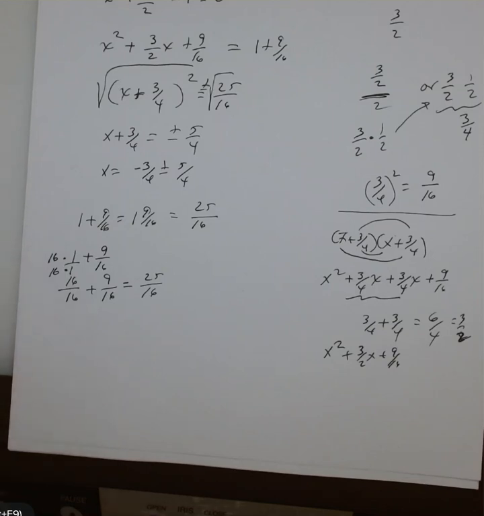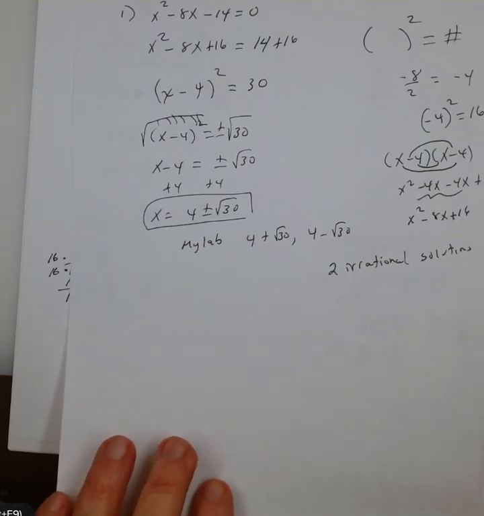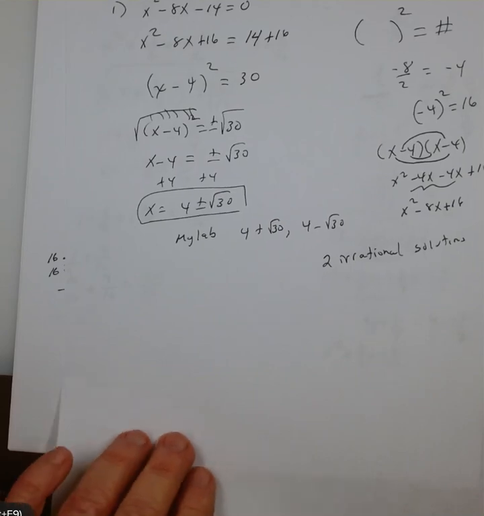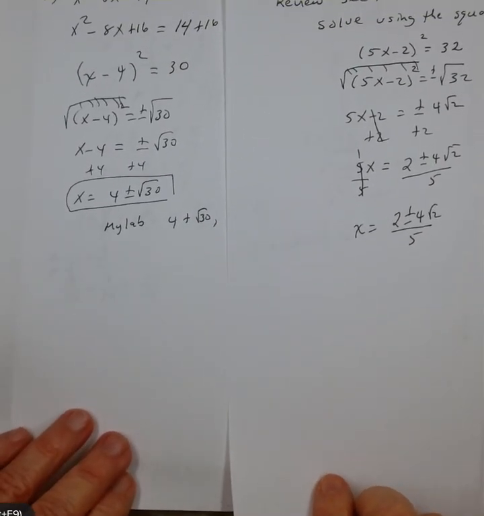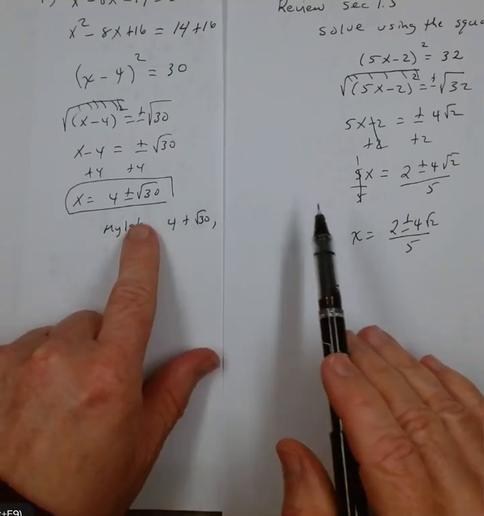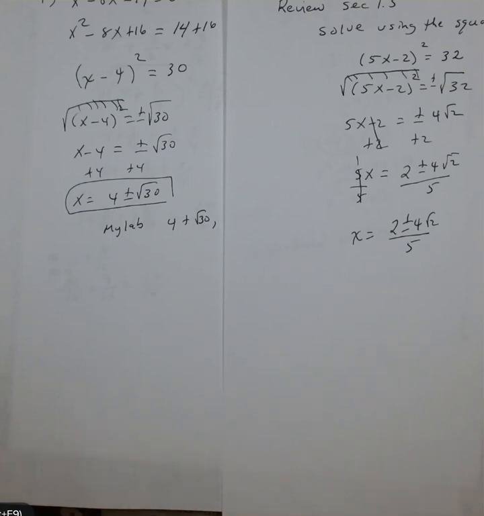Now, remember what we did in the previous two problems. In both of these that we did, these are both irrational numbers. The square root of 30 is an irrational number.